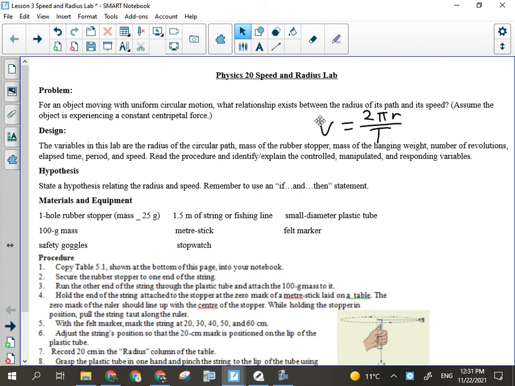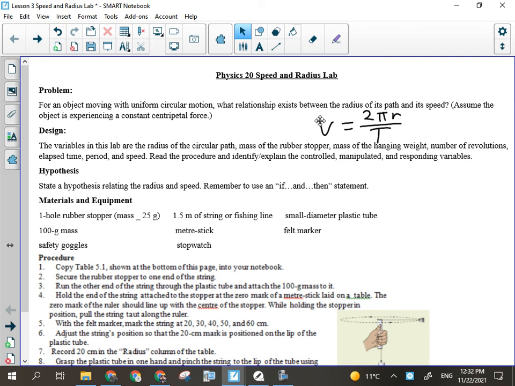I want you to think about why we wouldn't want to change that. By having this mass on here, what is it putting in the string? Tension. And that tension is keeping the rubber stopper from doing what? Flying off.